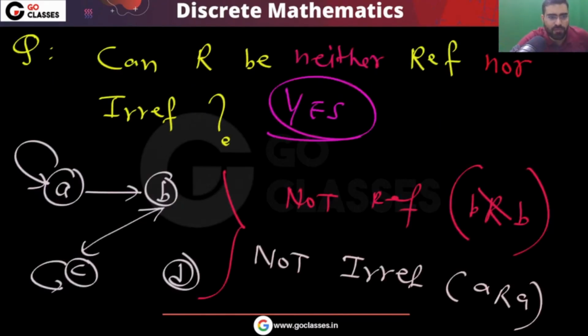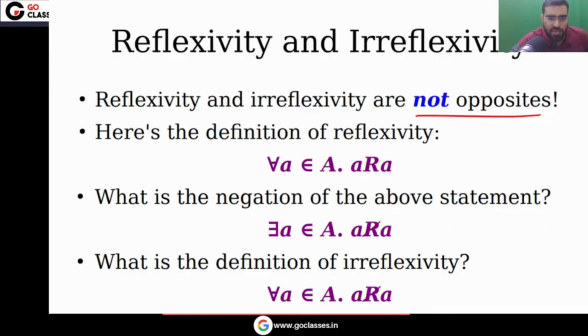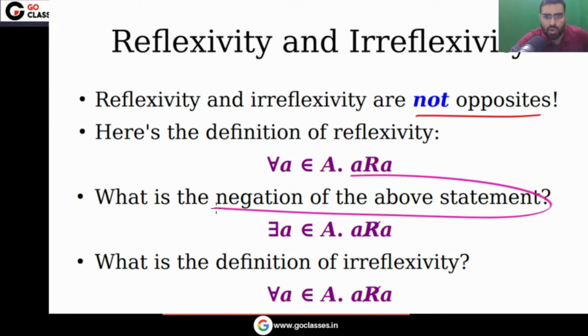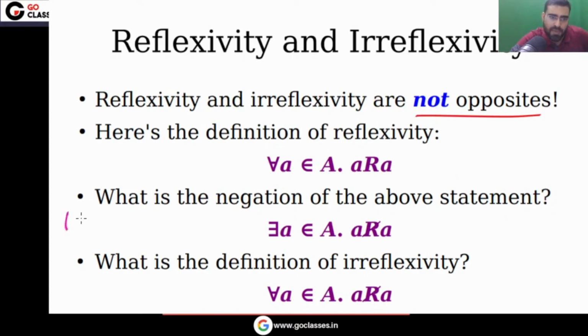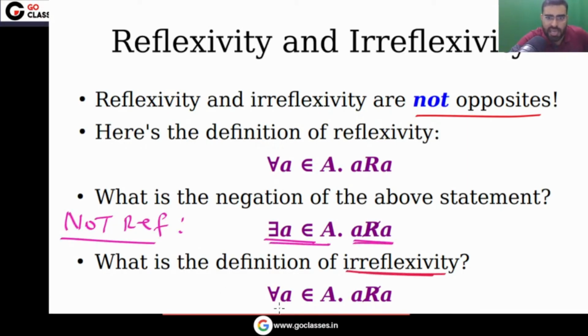For example, here it is not reflexive and not irreflexive. Reflexivity says that for every element, A is related to A. Its negation, not reflexive, means someone is not related to itself. Irreflexive says that everyone is not related to itself.